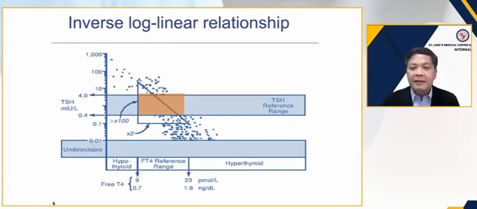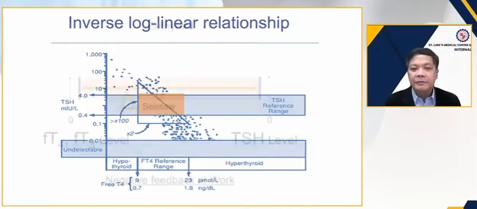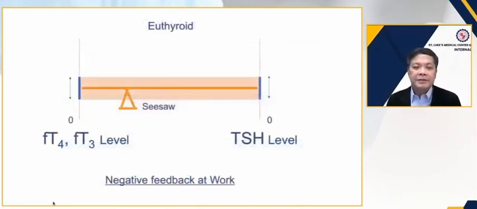If you understand this inverse log linear, going from right to left, as free T4 goes down, one expects a 100-fold drop in TSH, making it really sensitive. But if you cannot understand this particular inverse log linear relationship, I created a cartoon that might help you understand.